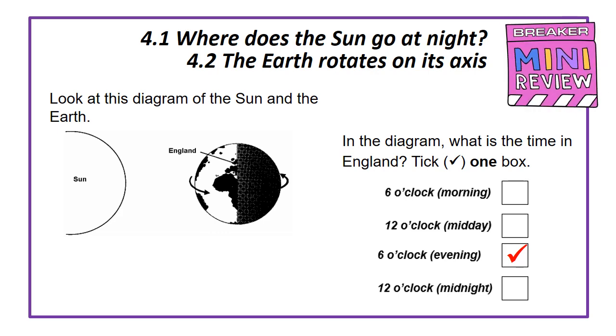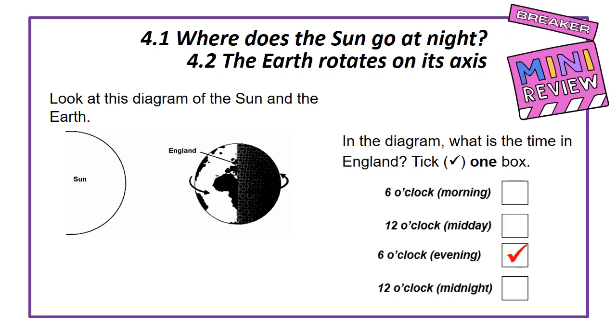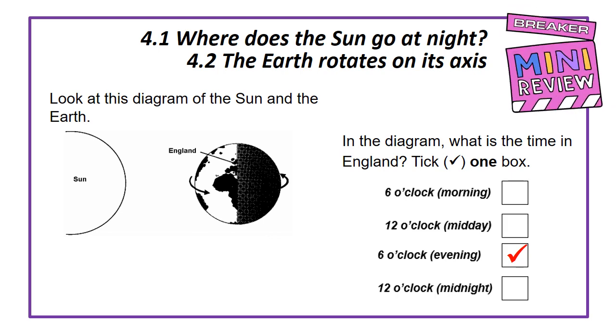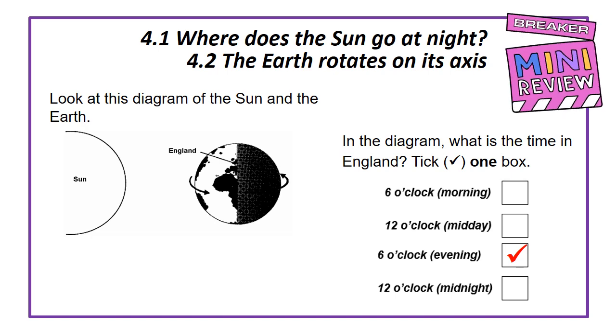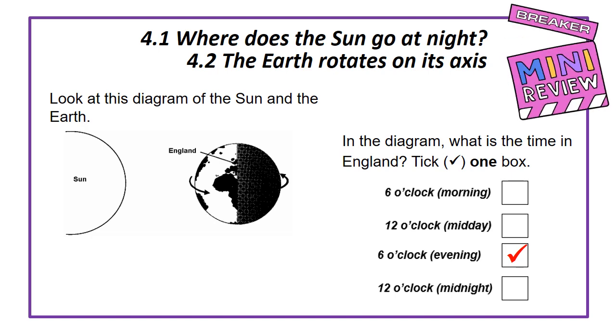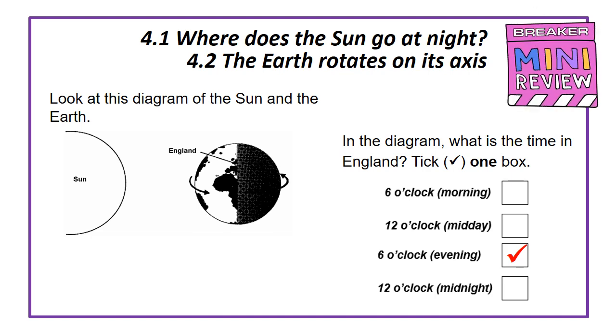Now, if we are going to locate the other times, where do you think they will be? Let's start with the 12 midday. Which part of the Earth, or the place on the diagram, do you think is experiencing the 12 midday?